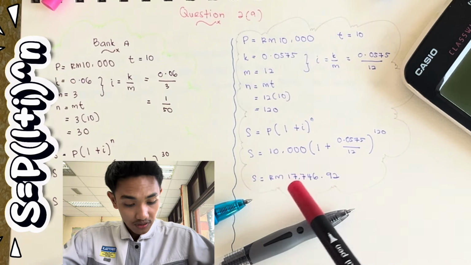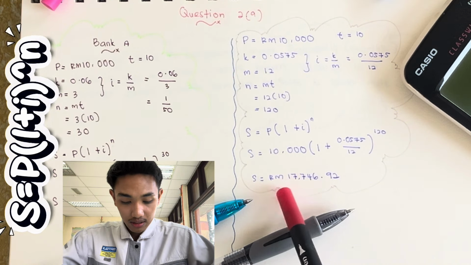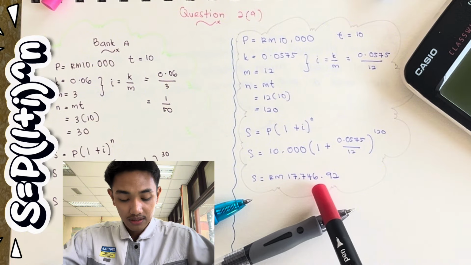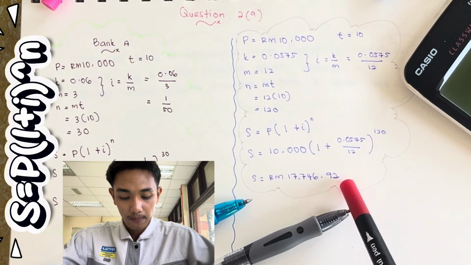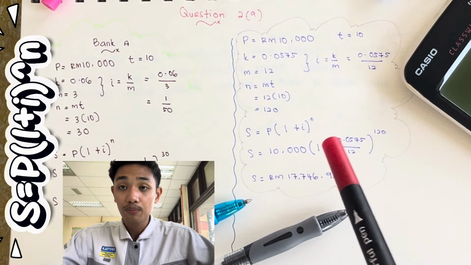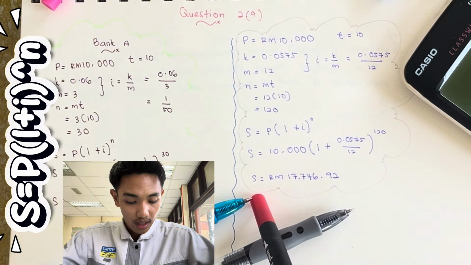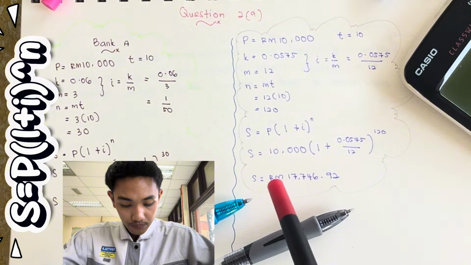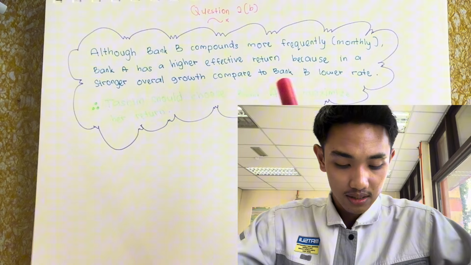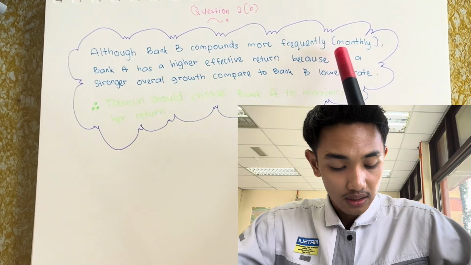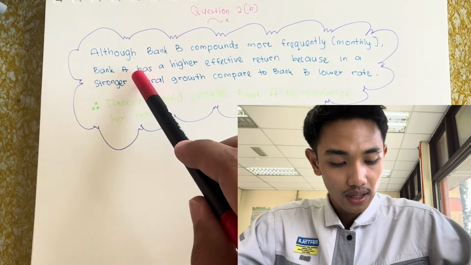For n, it is 120, and for i, it is 0.0575 per 12. For the sum, it is RM17,746.92.